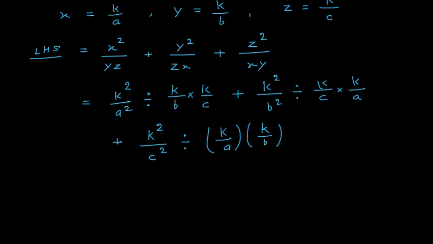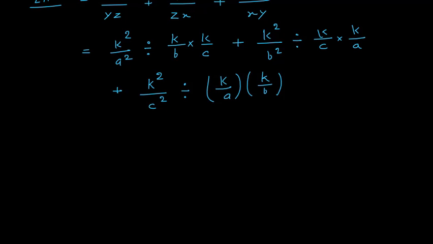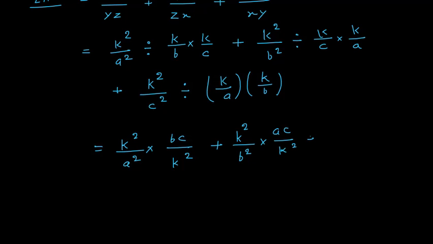Okay. So this is equal to, now this is k²/a². This division I will convert into multiplication and I will reciprocate. So it will become bc/k², plus here it is in the same way k²/b² into ac/k², and plus here we have k²/c², and this will become ab/k².